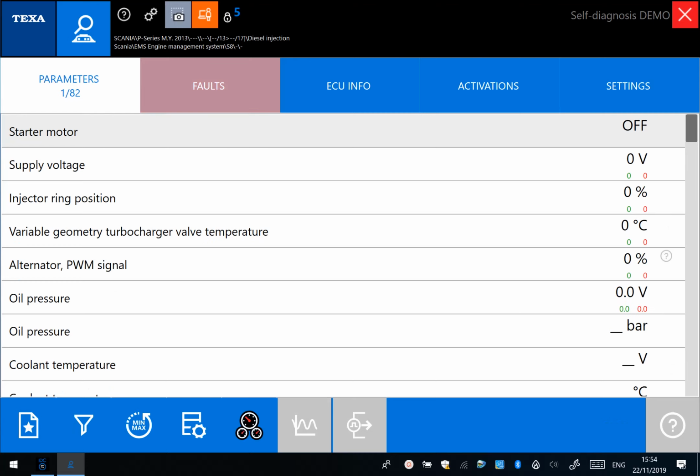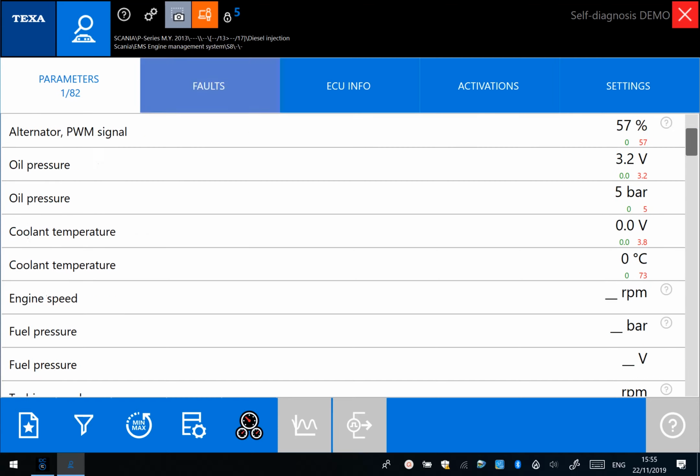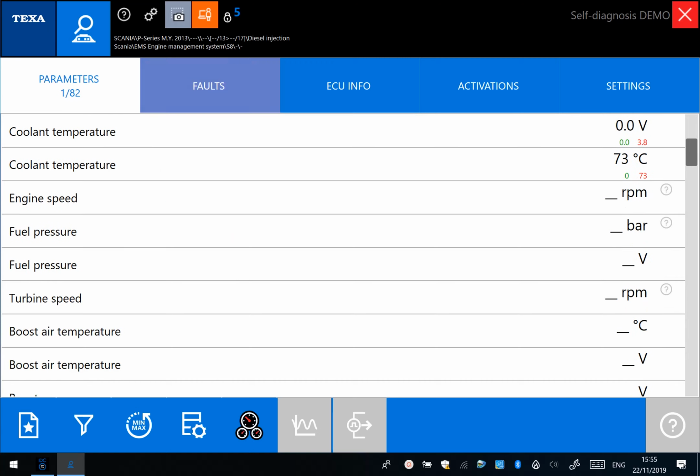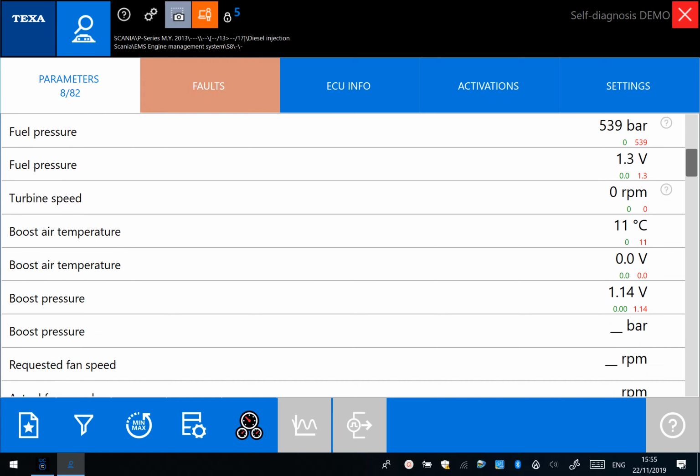So importantly, we've got live data. Like I said, it's a demonstration, so it's just populating this with some fictitious amounts, but you can see we've got 82 sensors on this particular one, so I can scroll down as slowly as possible. You can see these populate as you go.